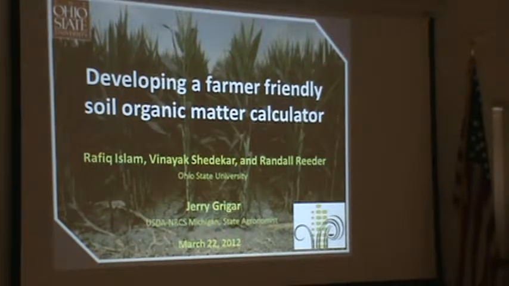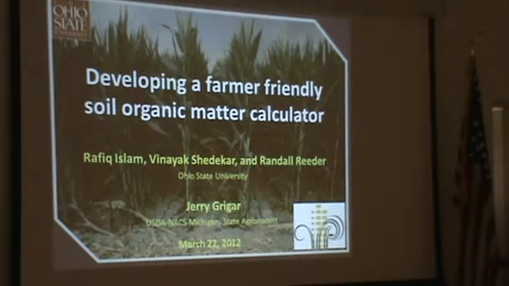If you are a Michigan corn grower, you can access it at Piketon at the South Campus of Ohio State now, using a special code provided by Rafiq. And you can do actual field soil organic matter planning in a quantitative manner.